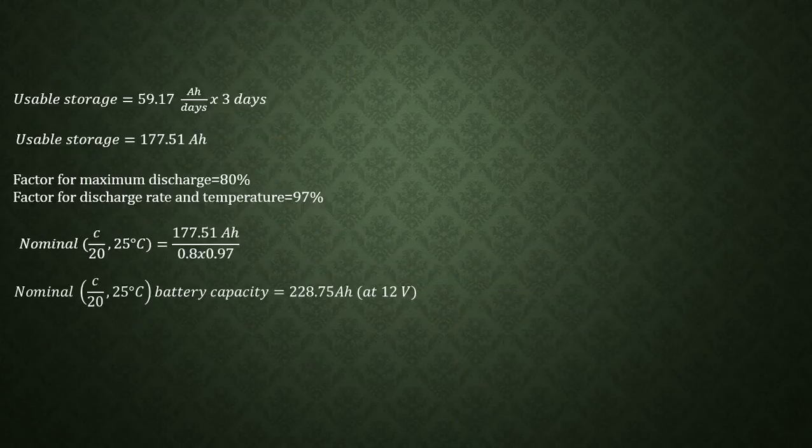Now we use the formula: usable storage is equal to 59.17 amperes hour per day multiplied by 3 days, which is equal to 177.51 amperes hour. Now we need to know the factor of maximum discharge.